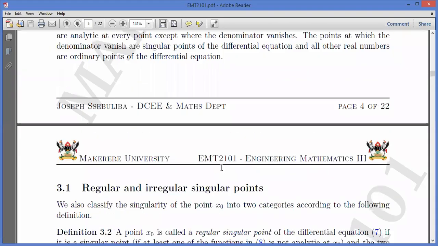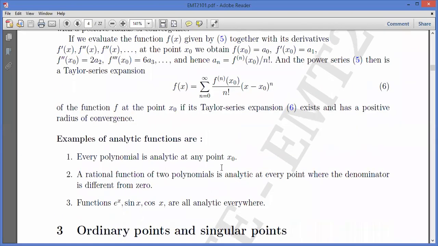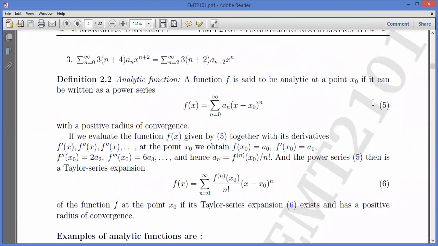Where is it? We had our f(x), here, equation 5. From equation 5, our singular point is picked from the term in the brackets. So the x naught here is the key.